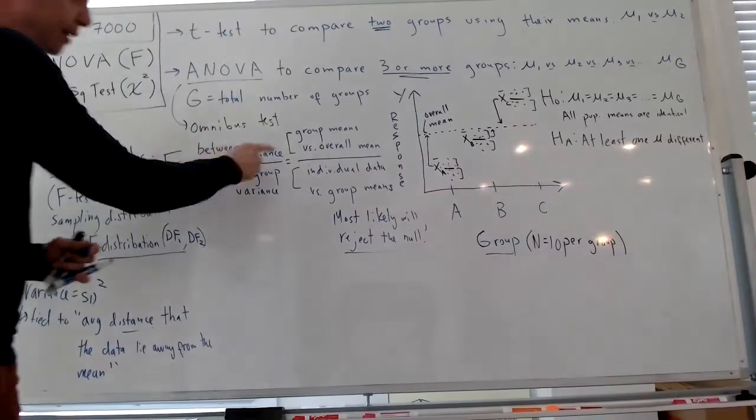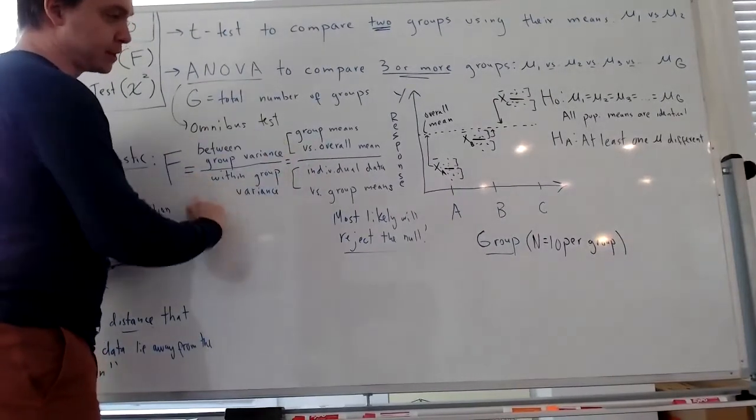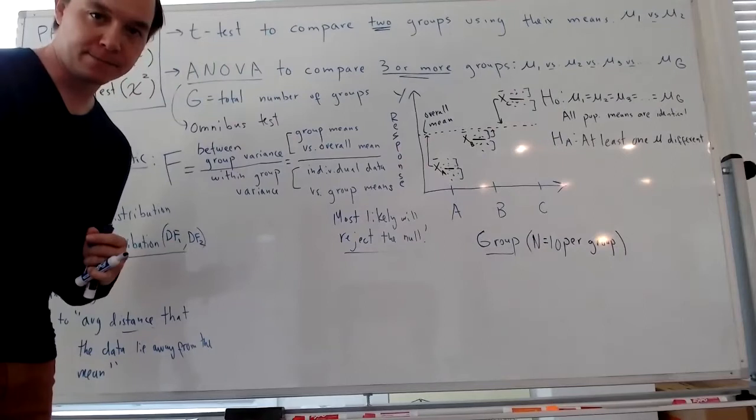Between group variance is the purple, within group variance is the blue, visually.